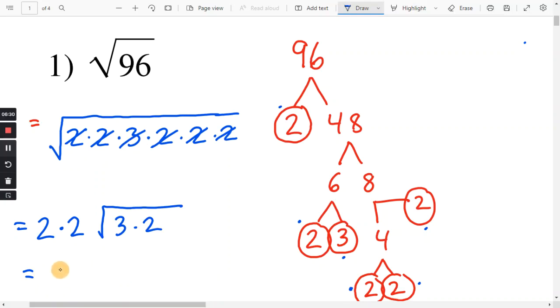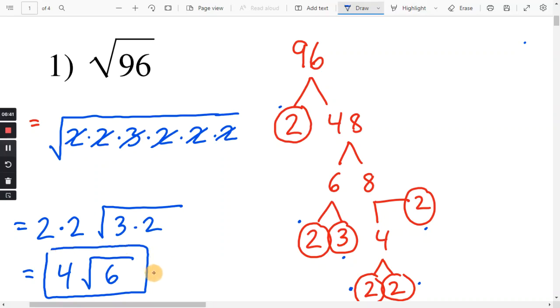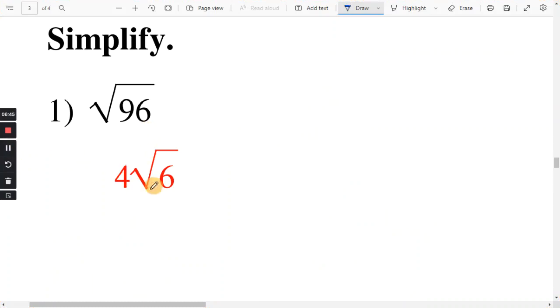Of course, 2 times 2 is 4. And 3 times 2 underneath the square root is just 6. Final answer, 4 radical 6. I suggest you check your answers on pages 3 and 4.